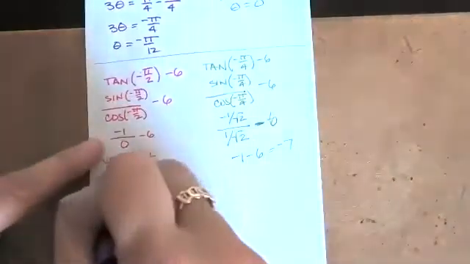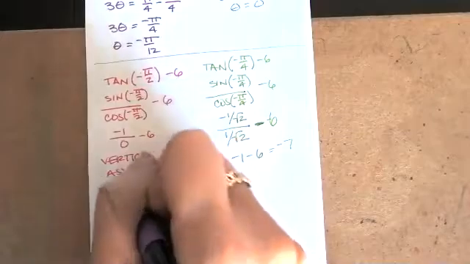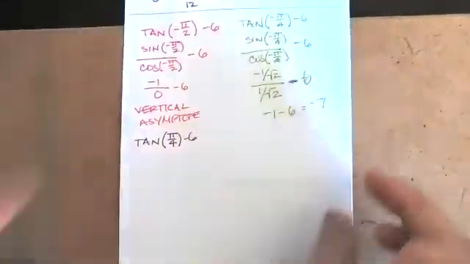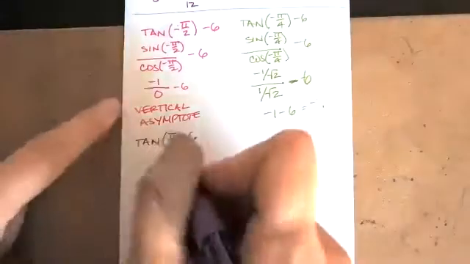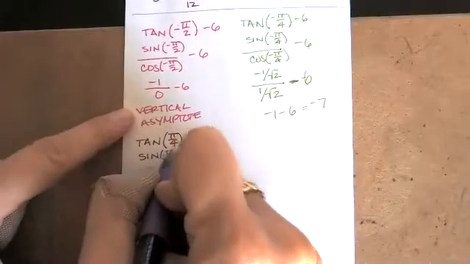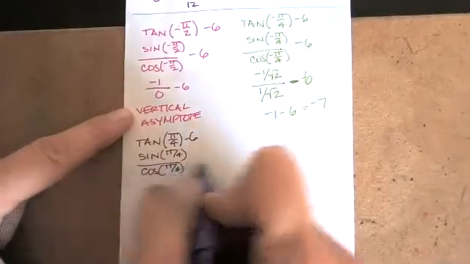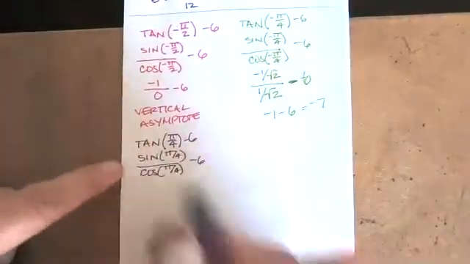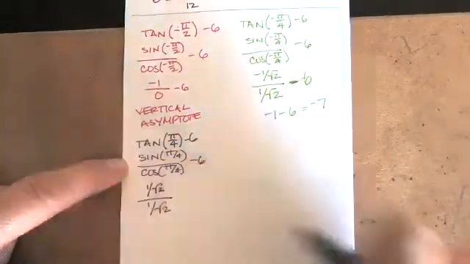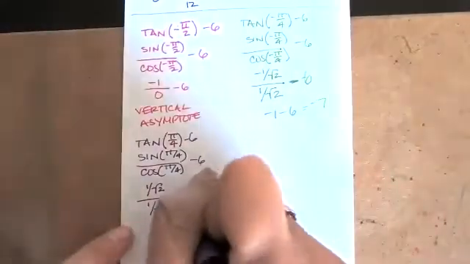Then we have the tangent of pi over 4 minus 6, because that's the next value in our table. So again, this is the sine of pi over 4 over the cosine of pi over 4. So this will be 1 over the square root of 2 over 1 over the square root of 2. Pi over 4 is in the first quadrant, so both the x and the y are positive.